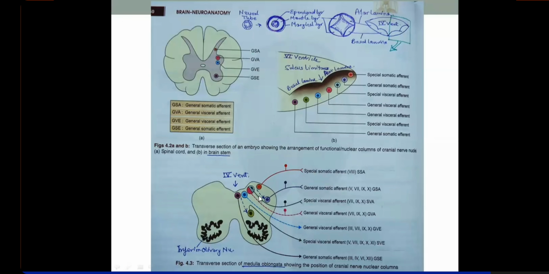functional columns and how the different types of sensations from the head region enter the brainstem, and after forming a reflex, the efferents will emerge out from these three functional columns, and from them the 12 cranial nerves will emerge out from the ventral aspect of the brainstem.